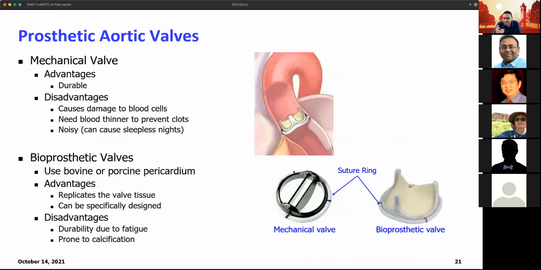For this, we focused mainly on prosthetic heart valves. Like I said before, more than 90,000 heart valve replacements are being done in the US itself. And till 10 years back, or even now, there are two kinds of valves that can be put in.